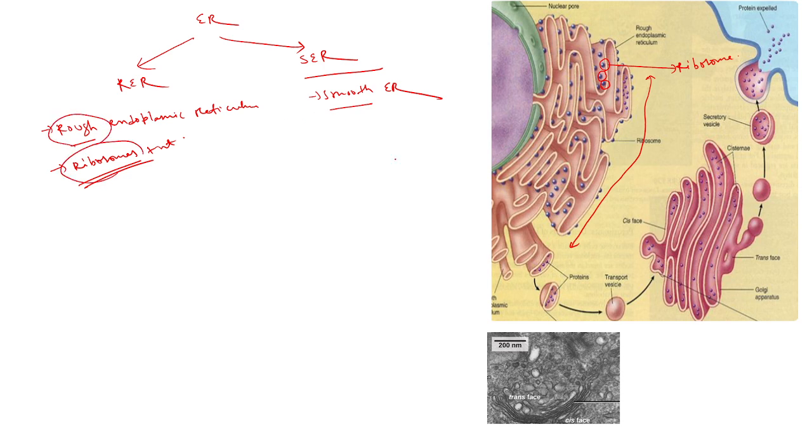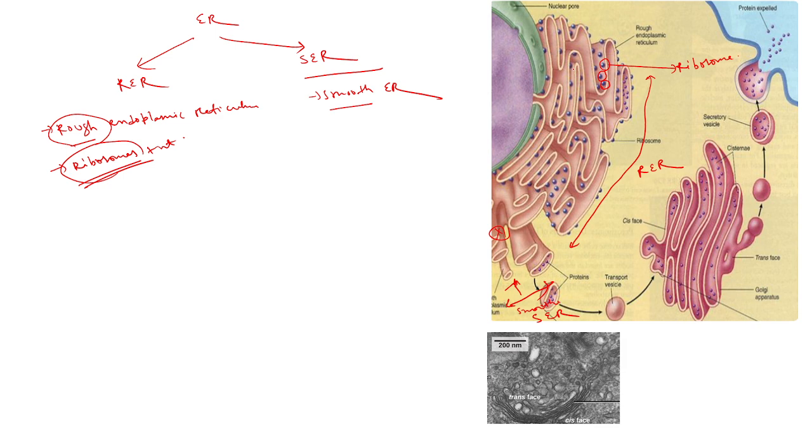While in the smooth endoplasmic reticulum, look at this structure. In this structure, there is no ribosome. That's why it is called the smooth endoplasmic reticulum, or the SER. So this structure is called the rough endoplasmic reticulum because of the presence of ribosomes on its membrane.